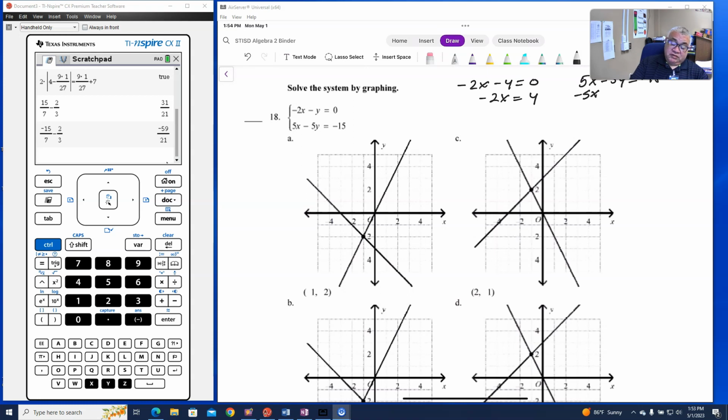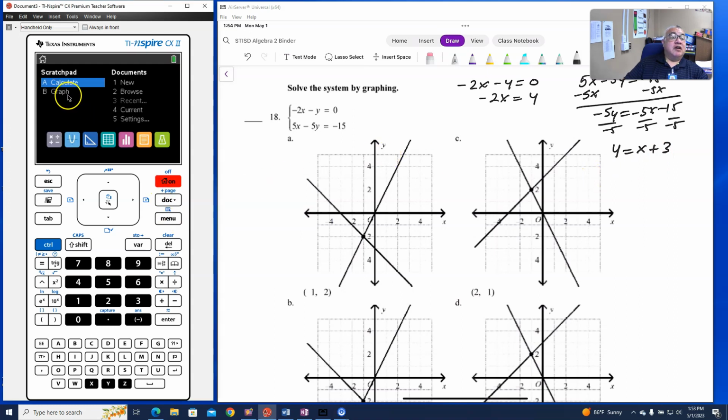I subtract 5x, so you have -5y equals -5x minus 15, divided by -5. So y equals x plus 3. And let's see if I did that right. You subtract 5x, so you're going to divide by -5. And so you have x plus 3.